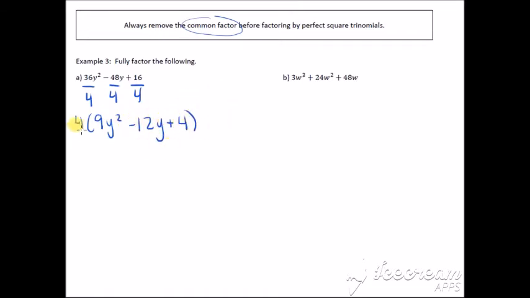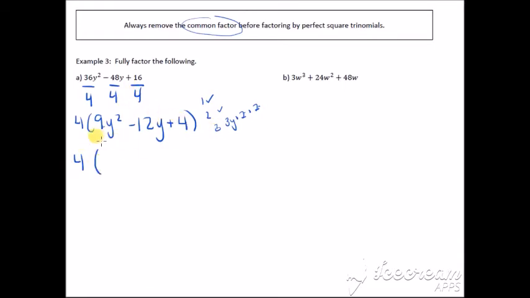Okay, so let's do the check. There are 3 terms, so check 1. Check 2, I can root the front and the back. And check 3, the root of the front is 3y, the root of the back is 2, and times 2 would be 6. 3 and 6 is 12y. Yep, so this is a perfect square trinomial.